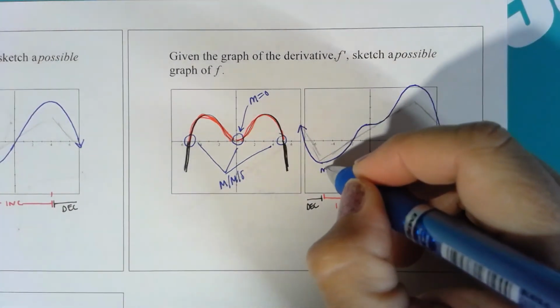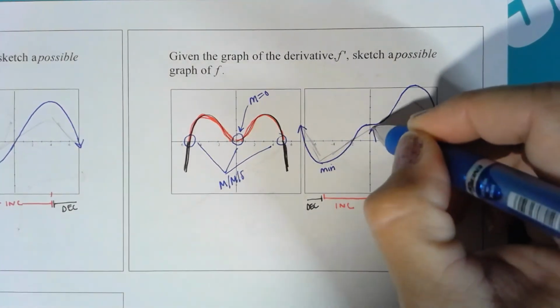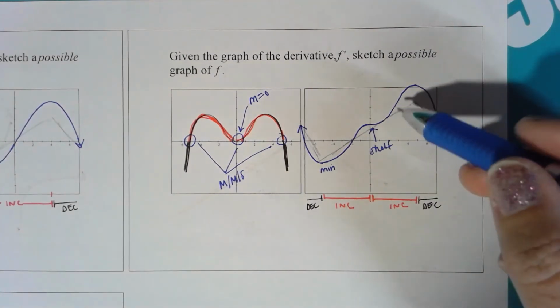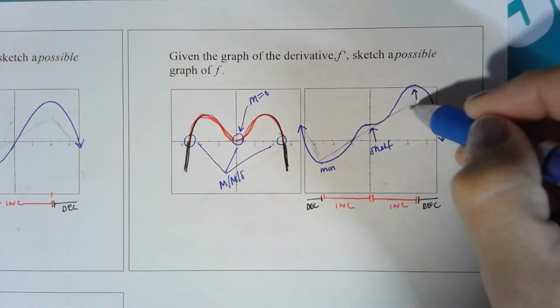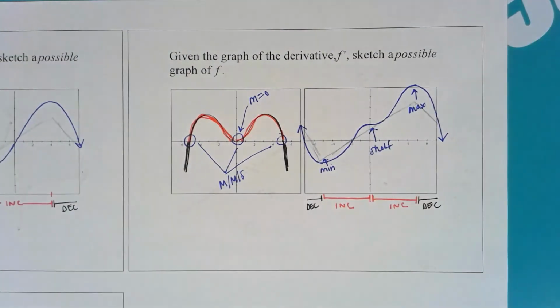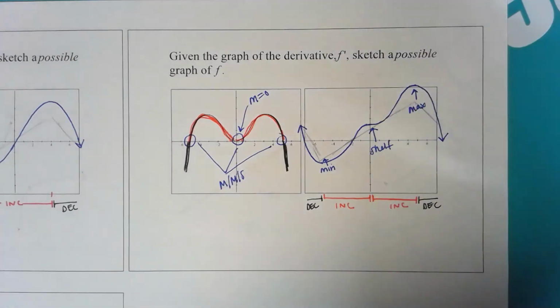Okay, so we have a minimum. We have a shelf, right? It is a horizontal tangent, right? And then we have a max up here. Good. And again, your graph might be down lower, might be up a little higher, and that's okay.